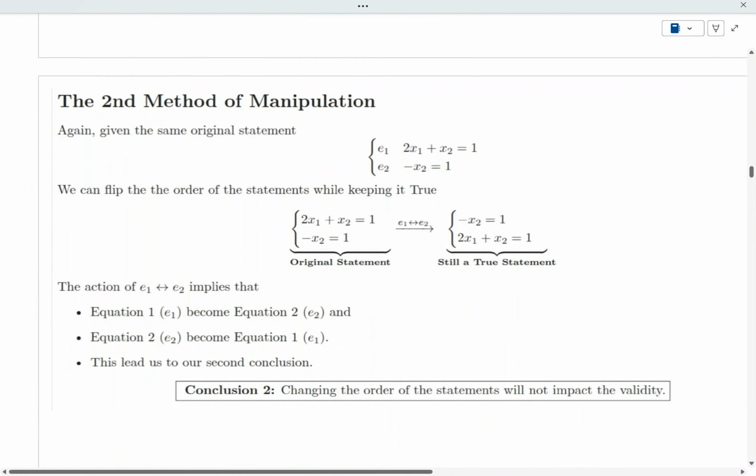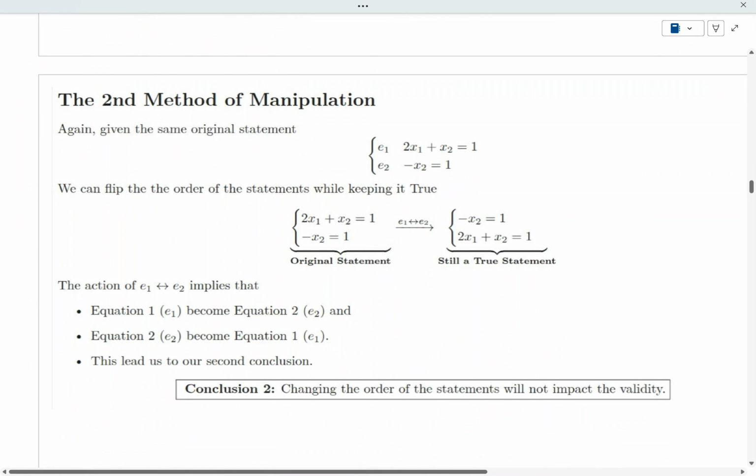And okay, now let's look at the second method. The second method of manipulation is that, let's say we're given again exactly the same linear system, and we want to flip the order. So E1 becomes E2 and E2 becomes E1.